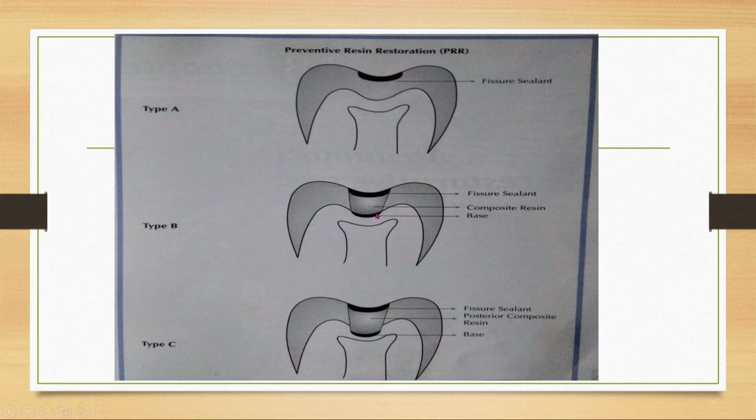So we have a base here because it involves dentine, and we keep a composite, and over the top we have fissure sealant. In type C we have a base, then a posterior composite because there is more tooth loss here, so we need a good composite which has more strength, and over that we apply fissure sealant.